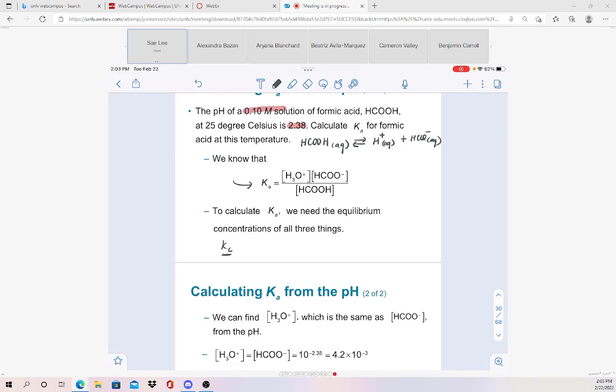Another thing is that if we know pH, we can find proton concentrations at equilibrium.